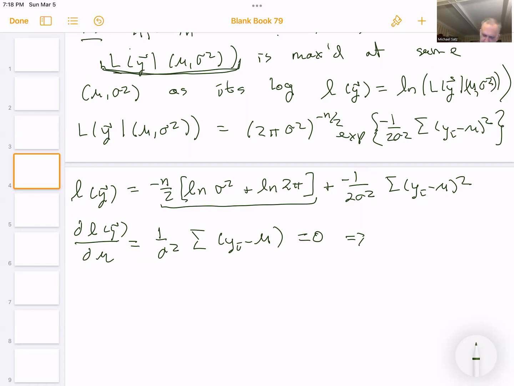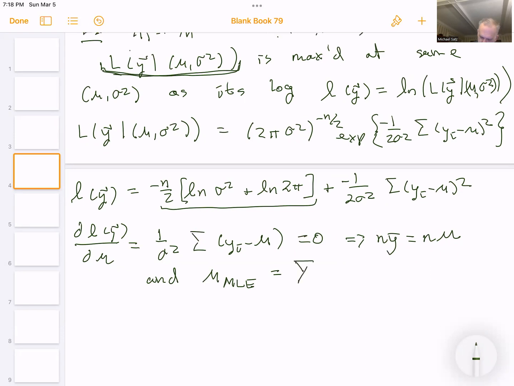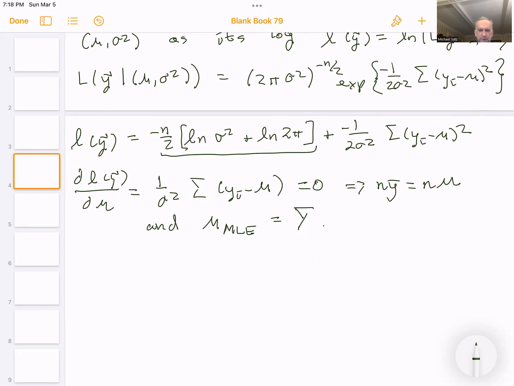The sample mean. So this leads to the sum of yi equals n mu. And so mu MLE equals the sample mean, equals y bar. Okay, maybe a little premature because we want to think of both points together too. But let's be optimistic. I already know the answer.